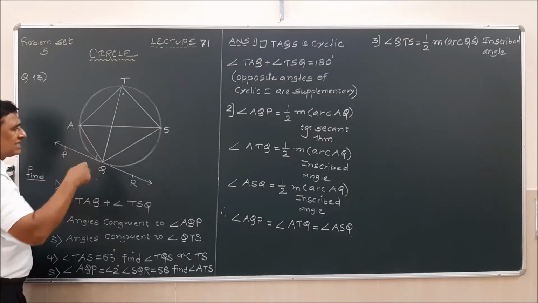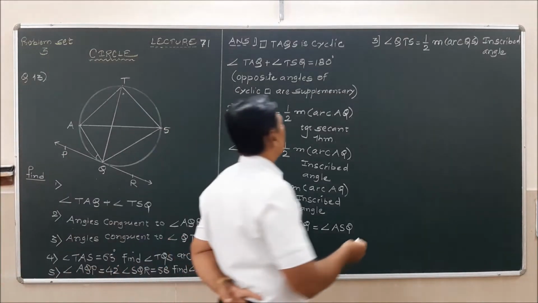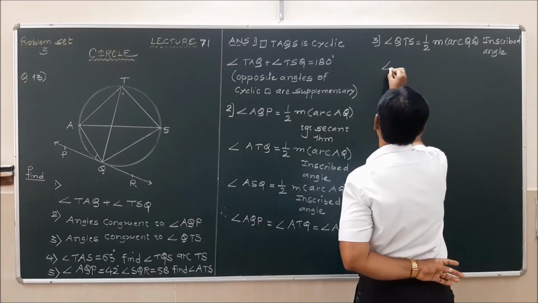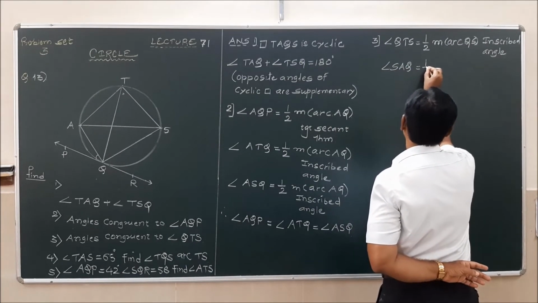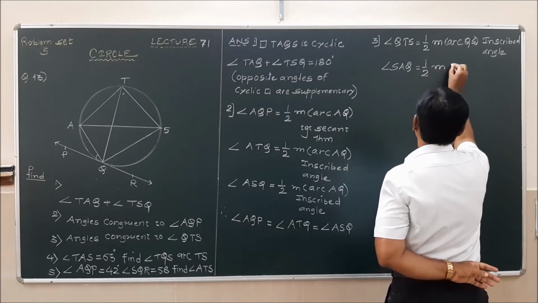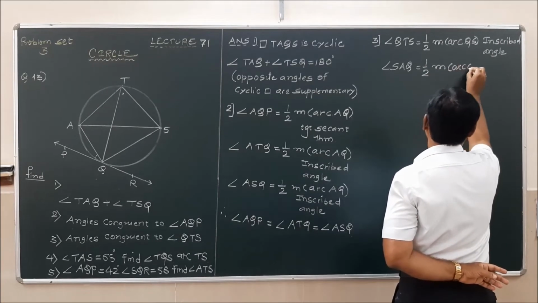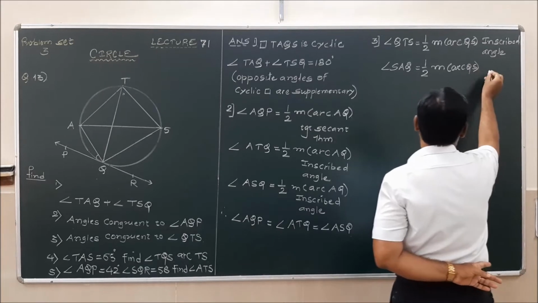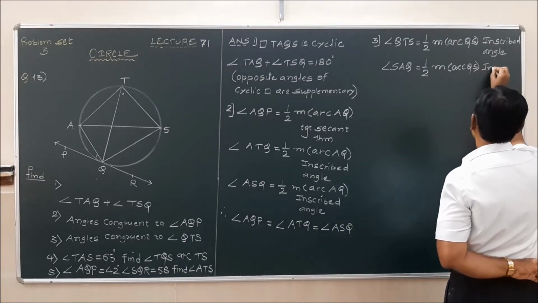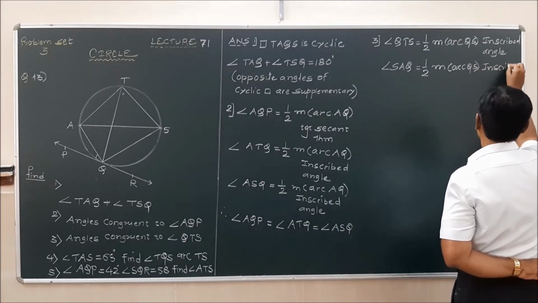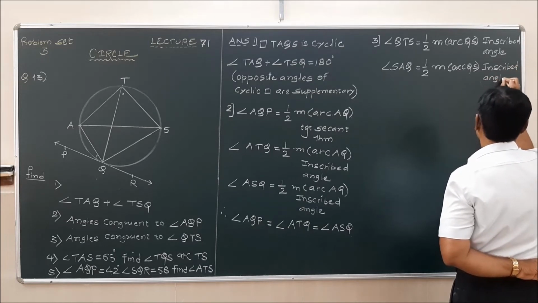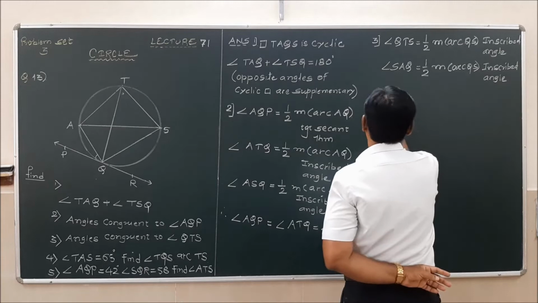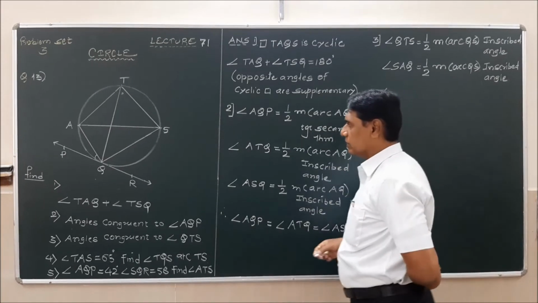So angle SAQ is also equals to half measure arc QS. Reason is same, that is inscribed angle. Please try to understand.